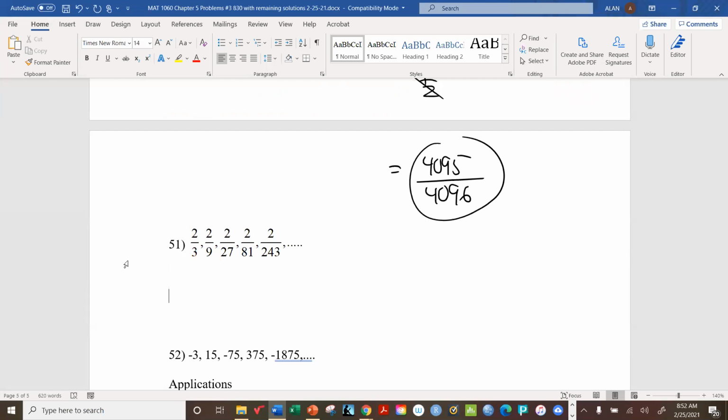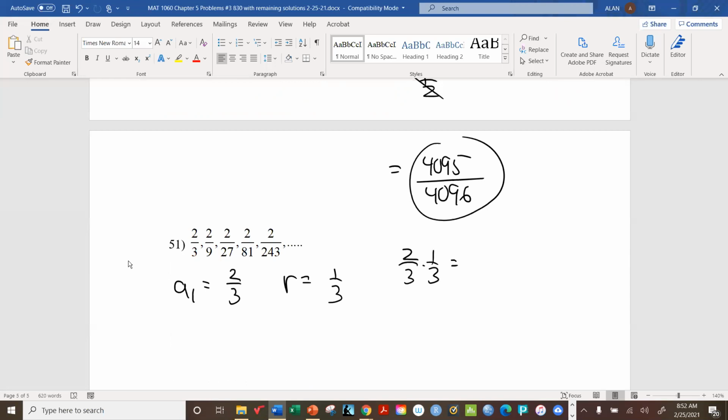A1 is 2/3. It turns out R is 1/3. How can you tell? Because the numerators are all two, but the denominators keep increasing by a multiple of 3. So in other words, if I started with 2/3 and multiply it by a third, I get 2/9. 2/9 times a third is 2/27, et cetera, et cetera, et cetera.